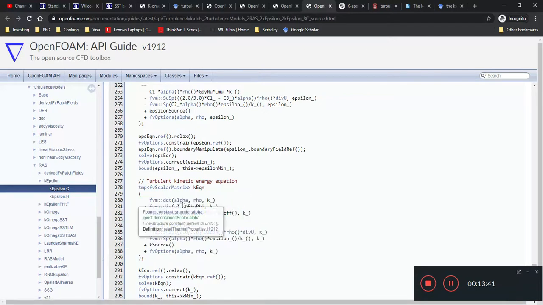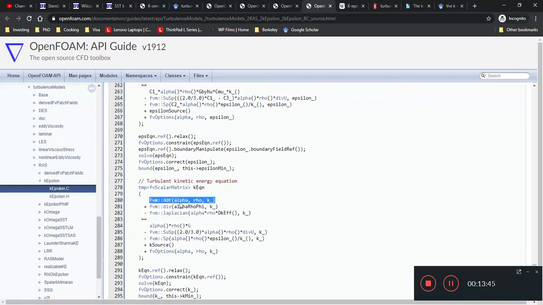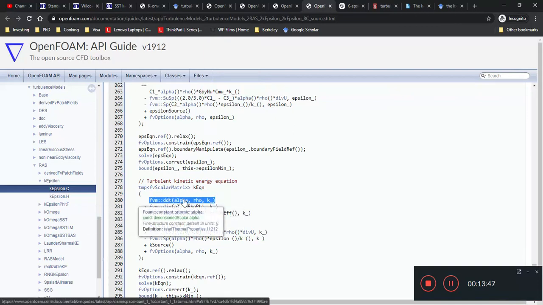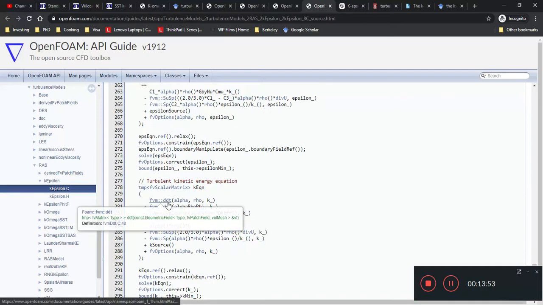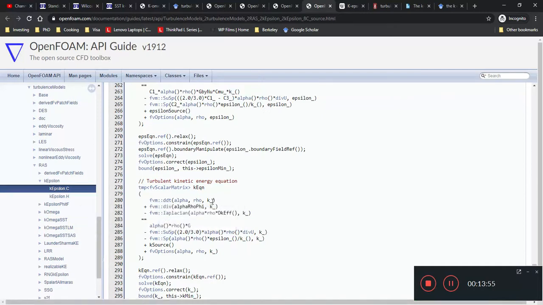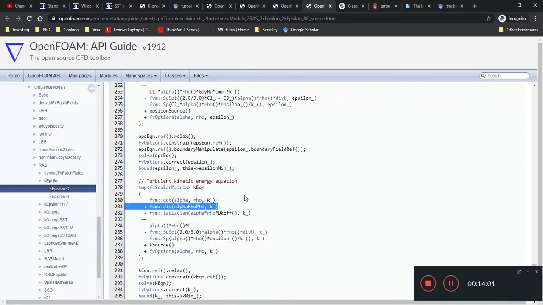Alpha is just a term for multi-phase calculations, so you can just ignore that. So you see d by dt of rho times k. Then you have the divergence of k, plus the divergence of k minus the Laplacian of rho times DkEff times k.